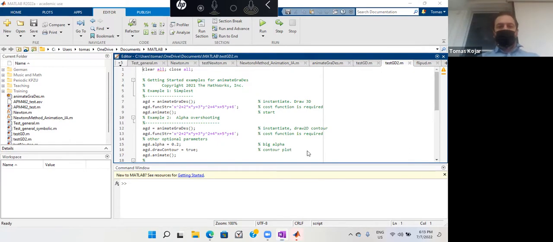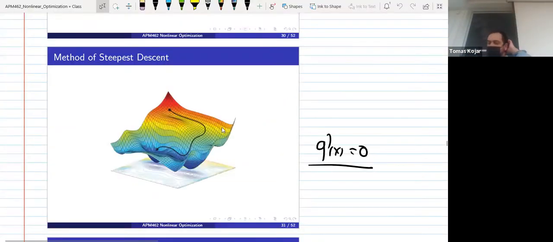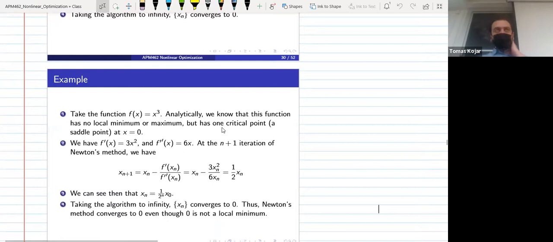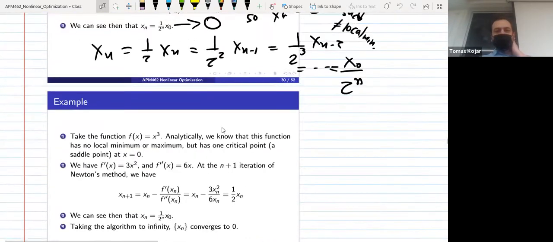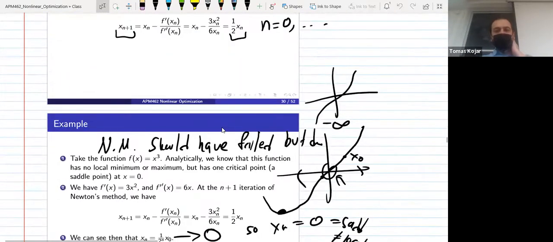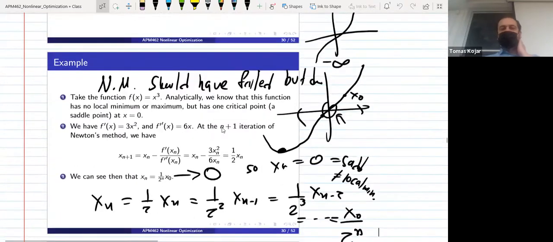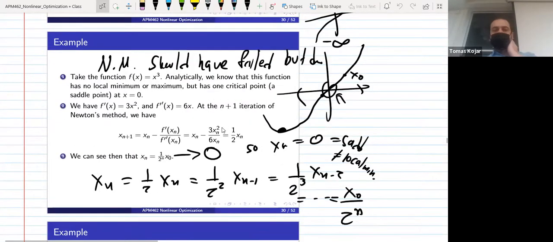Anyhow. So last time we talked about how Newton's method should have failed. We had this example, x cubed, which has no minimizer.